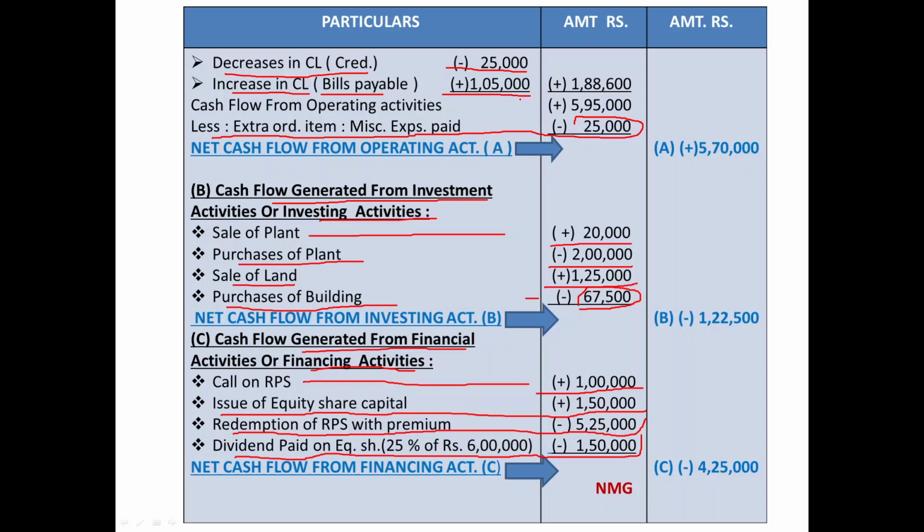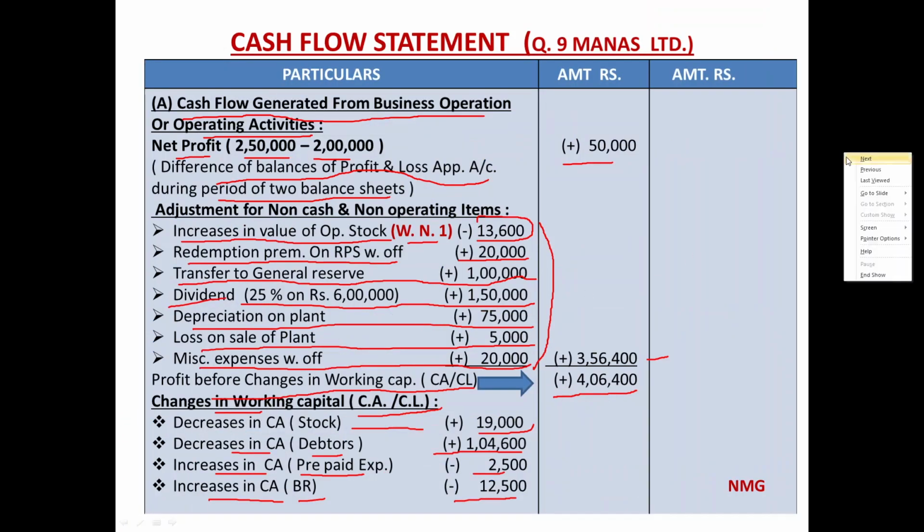Net impact of these six items of CA and CL is plus 1,88,600. Answer: cash flow from operating activities. Earlier cash profit was 4,06,400.